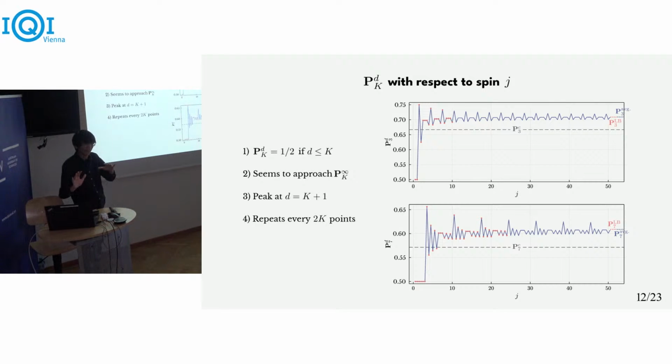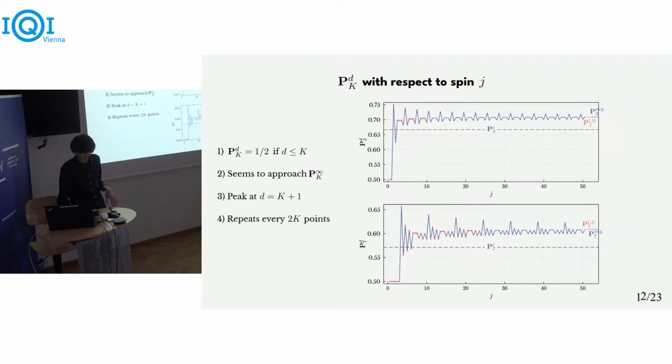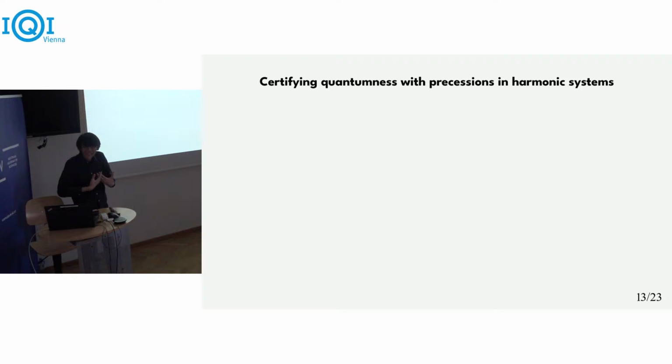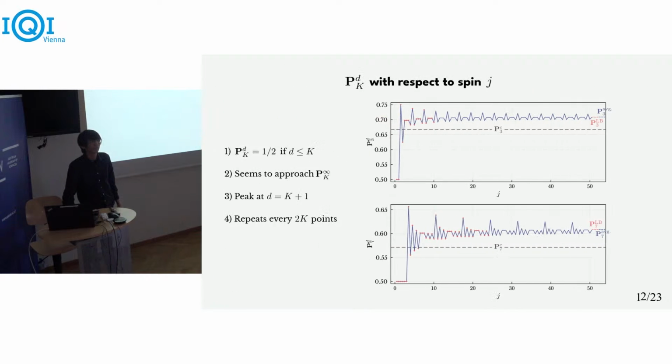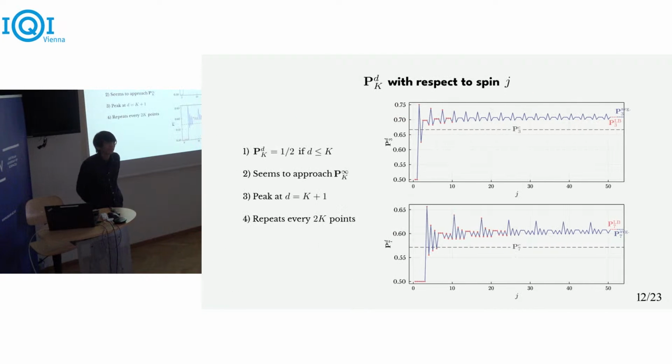For everything that I've described, the idea is that we have this protocol to certify quantumness by using precessions in harmonic systems, right? So yes? Just maybe a general question: when you say that you're certifying quantumness, aren't you rather certifying that you do not have a classical harmonic oscillator?